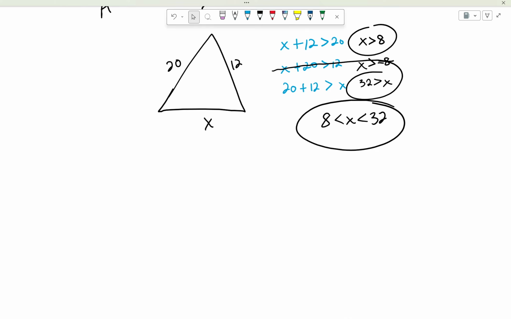Okay. Last but not least, we have some range of values here, and you guys are going to tell me if these triangles are even possible. So let's do a few of these here. We have 4, 9, 10. We have 8, 9, and 18.